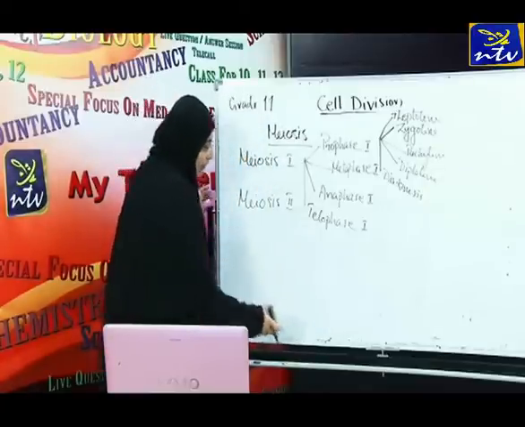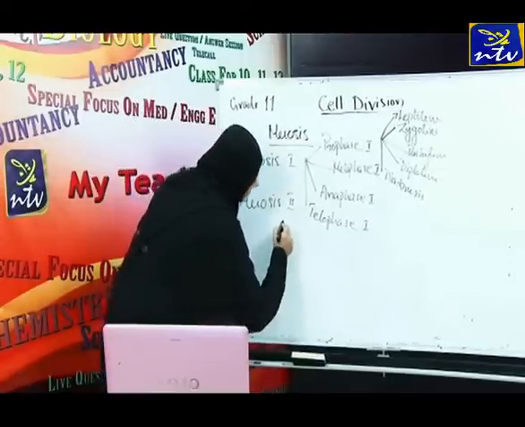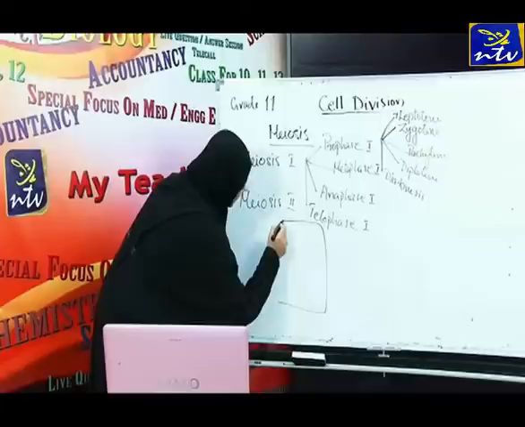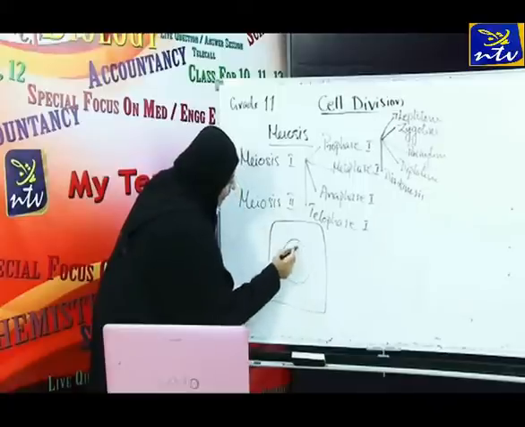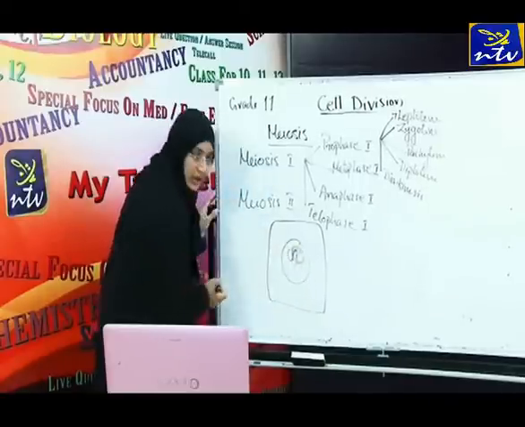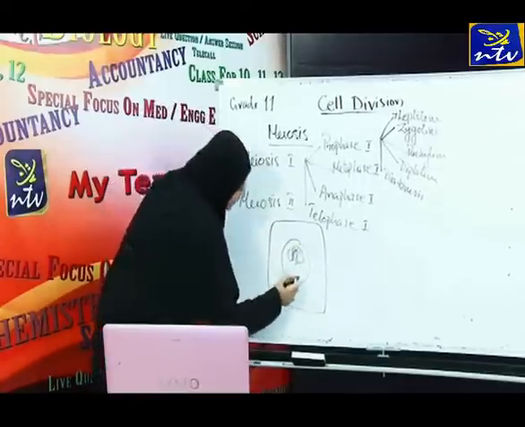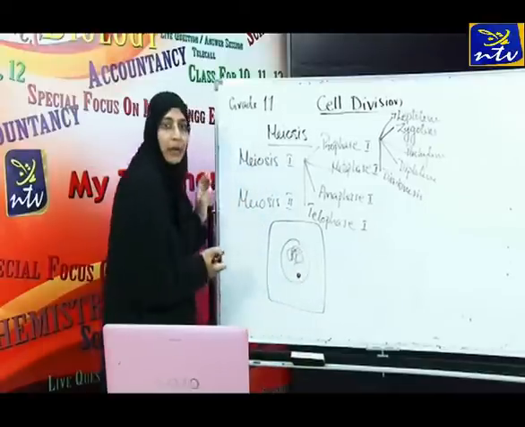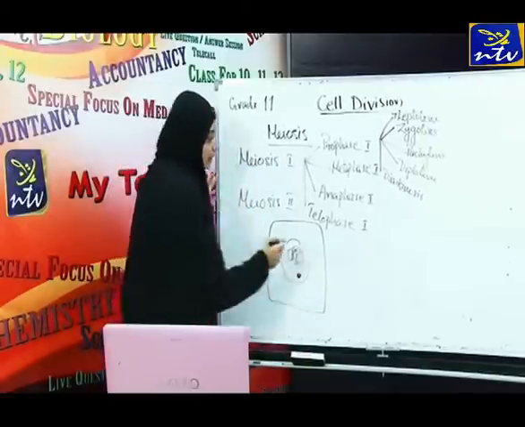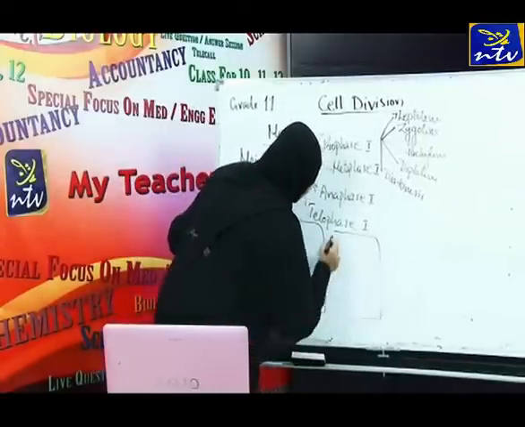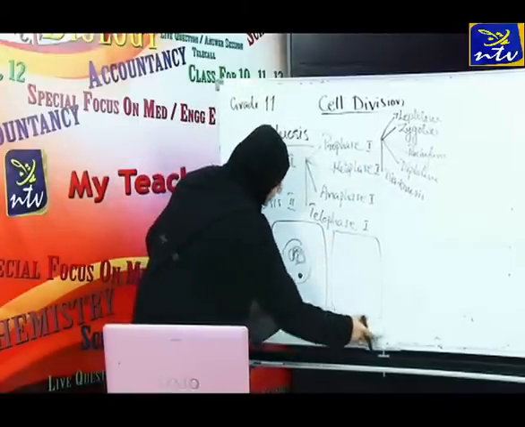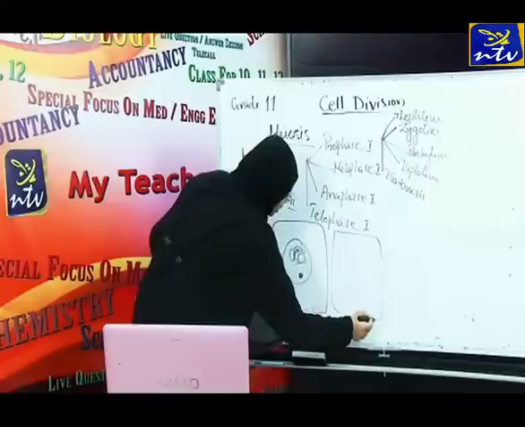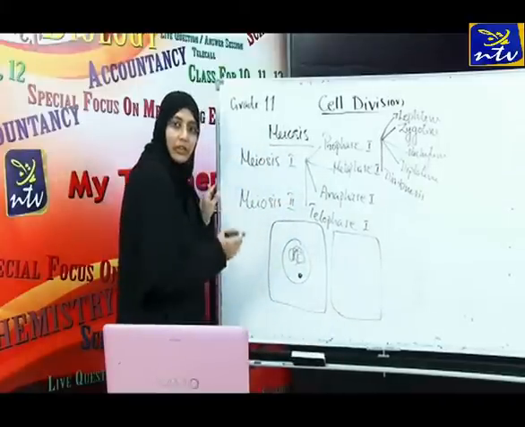In prophase 1, the cell is a normal cell which has a nuclear membrane, and the nuclear material or chromatin fibers are present. The nucleolus is present. As we have discussed, first the chromosomes will appear, with condensation of chromatin material taking place.